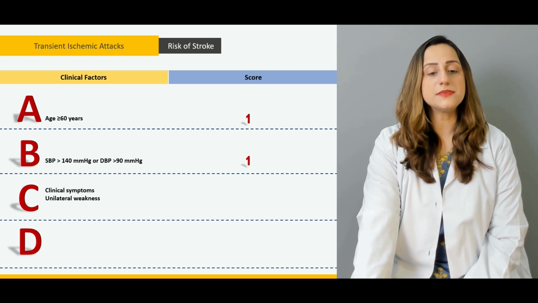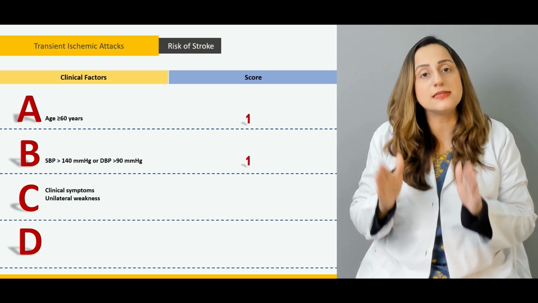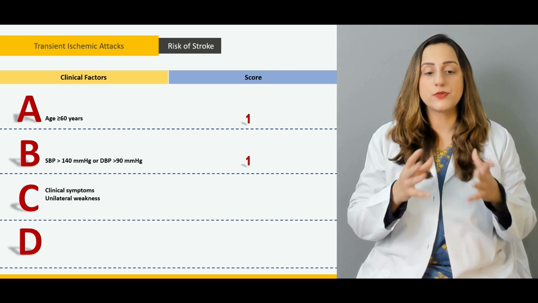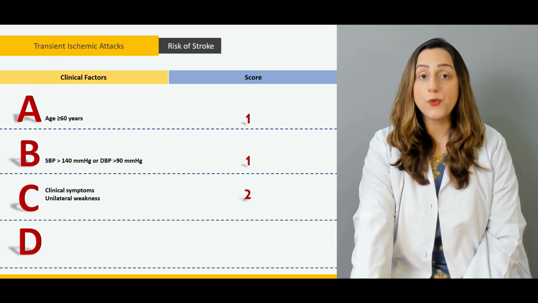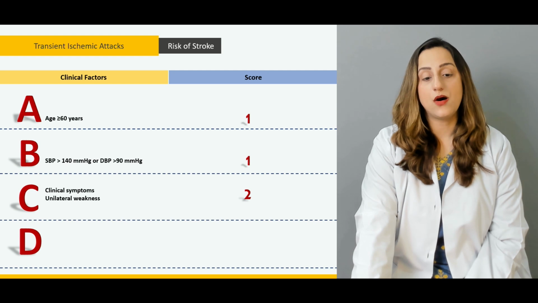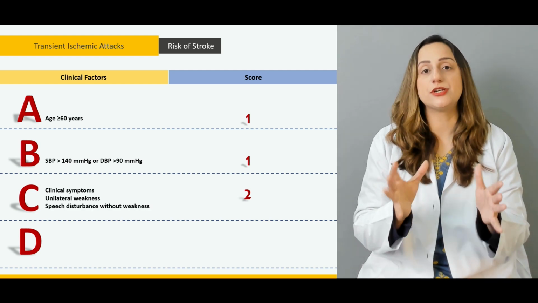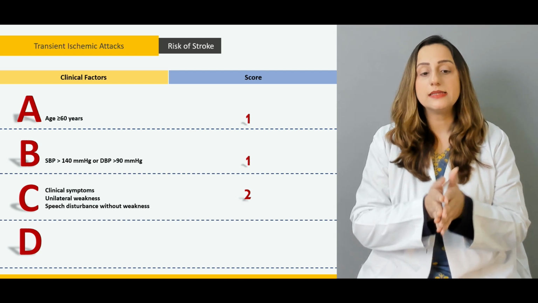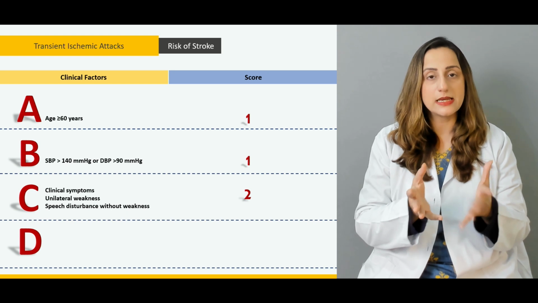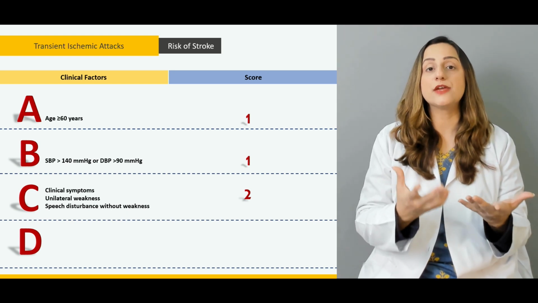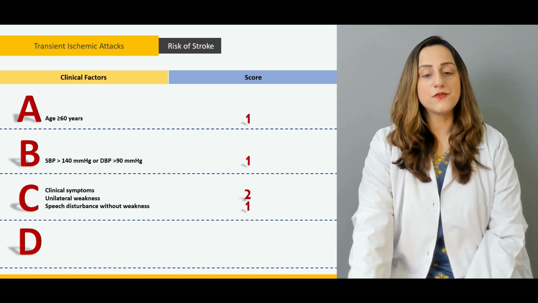The clinical symptoms: unilateral weakness is going to enhance the transient attacks observed in the individual, and that is going to give 2 points to the final score of the particular patient we are dealing with. Then you're also going to look for speech disturbances without weakness, which give a single point.